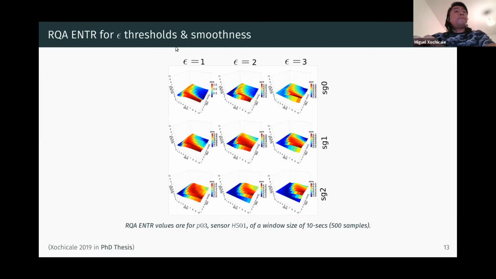So then we also found that the recurrence threshold also impacts the way we quantify these recurrence quantification analysis measures using Shannon entropy. We also have different values of smoothness to see how this impacts the RQA entropy.